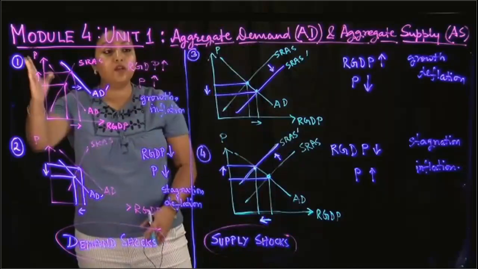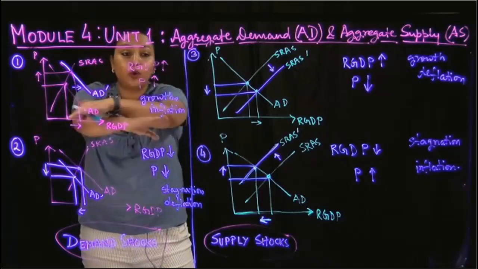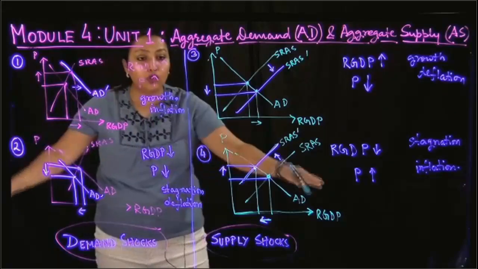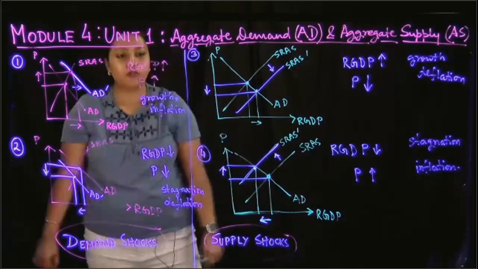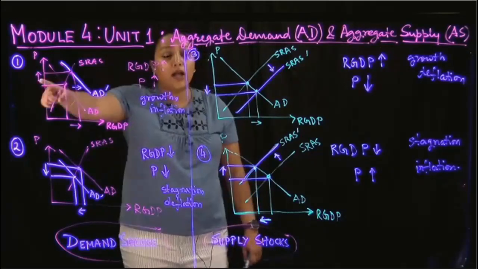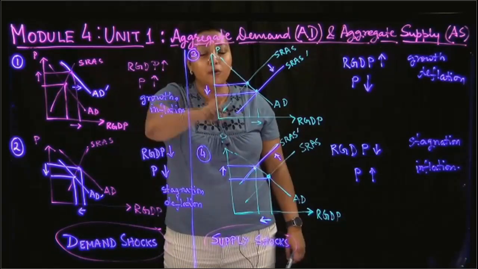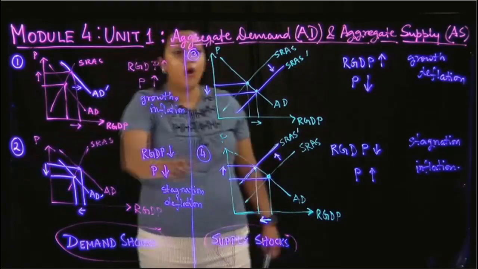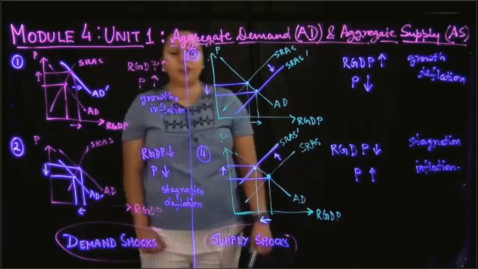Or in other words, 1 and 3 are the positive shocks to the economy, and 2 and 4 are the negative shocks to the economy. So you would need something like 1 or 3 to remove a recessionary gap, and something like 2 or 4 to remove an inflationary gap.